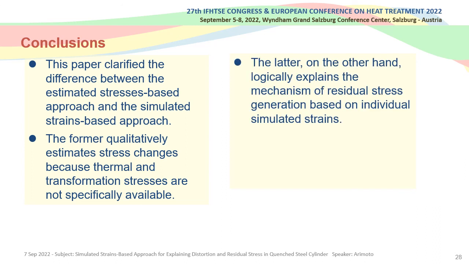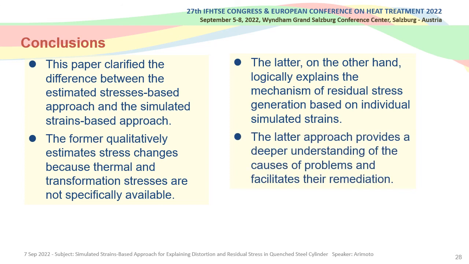The latter, on the other hand, logically explains the mechanism of residual stress generation based on individual simulated strains. The latter approach provides a deeper understanding of the cause of problems and facilitates their remediation.